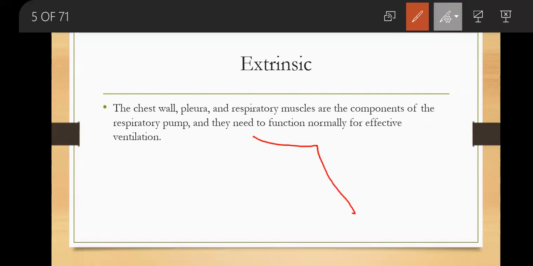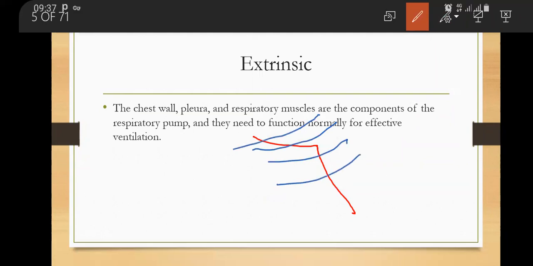the thoracic cage, outside, and the muscles themselves.